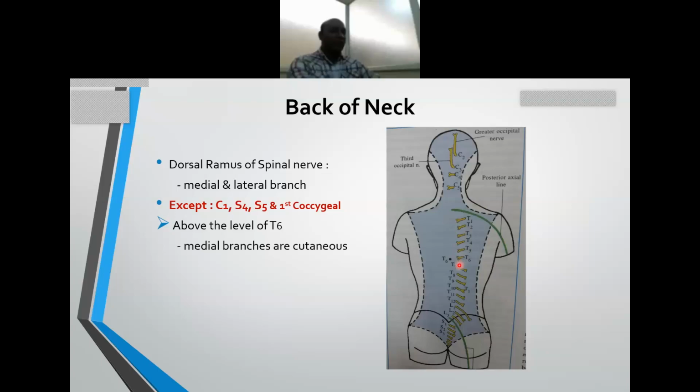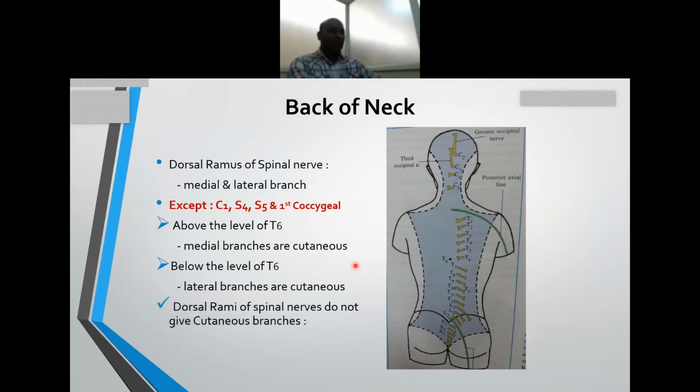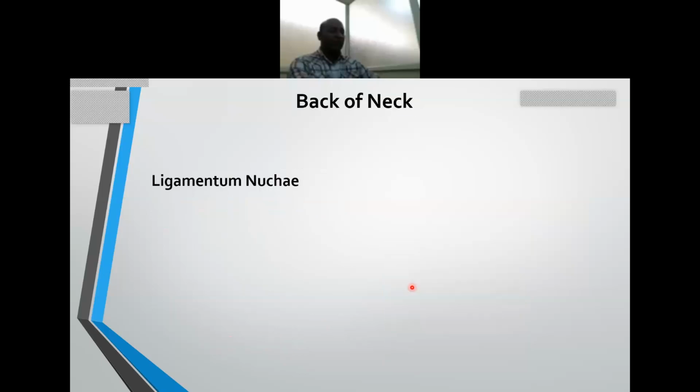In the lower part of the thoracic region, it will be the lateral branches of the dorsal rami. Dorsal rami of C1, C6, C7, C8, L4 and L5 do not give cutaneous branches here.